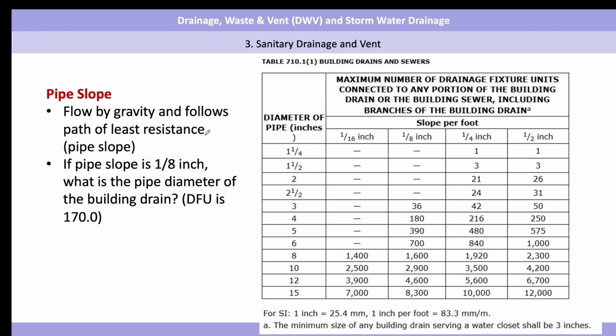With the pipe slope, we can find the diameter of the pipe: slope per foot, diameter of pipe, and the number of drainage fixture units, DFU. Okay, total DFU is 170, and the pipe slope is 1/8, so this column. For a total of 170, we have to choose a larger one, so we choose 4. Okay, this is the pipe size.